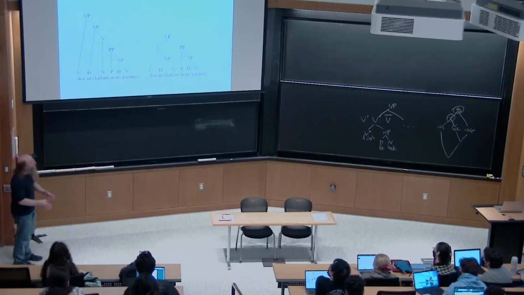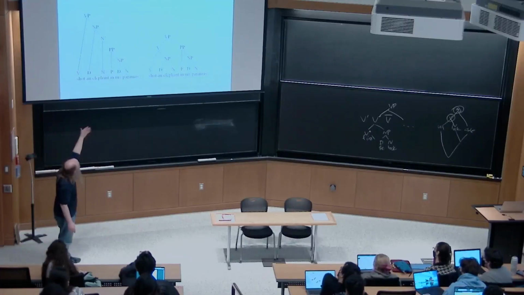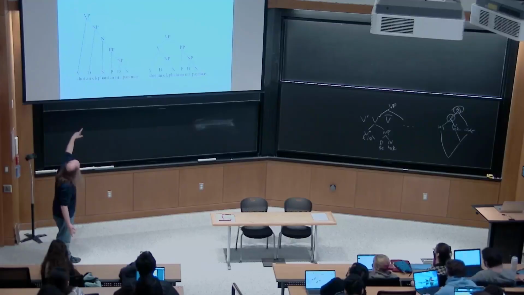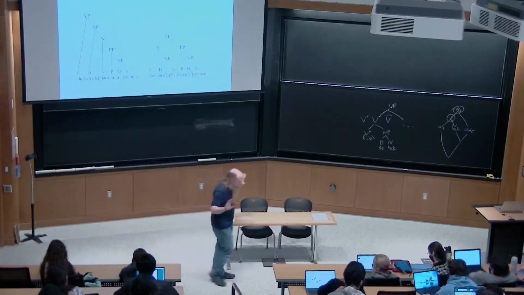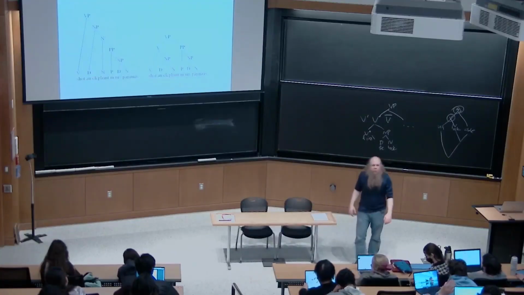So my pajamas is an NP because it's the highest node that has an N that comes from pajamas. And then there's a higher NP that's right under the VP, that you merge together with the verb. And that's an NP that's got its label from elephant. So there are two NPs here, one of them coming from pajamas and the other coming from elephant. That's a very good point. What you're pointing out is that when I said the highest thing with the label N, I was being too fast. That's the highest thing with a given label N, and we have to distinguish N's from each other.